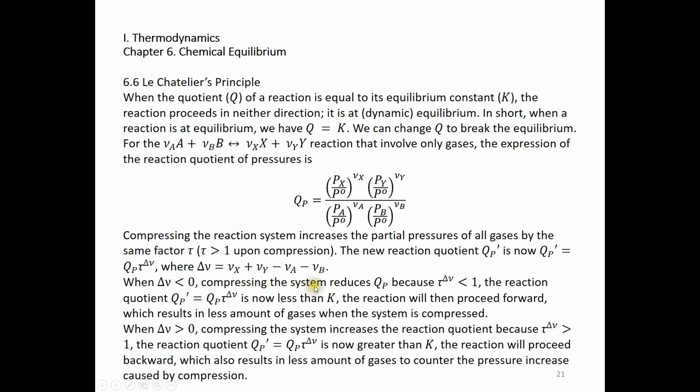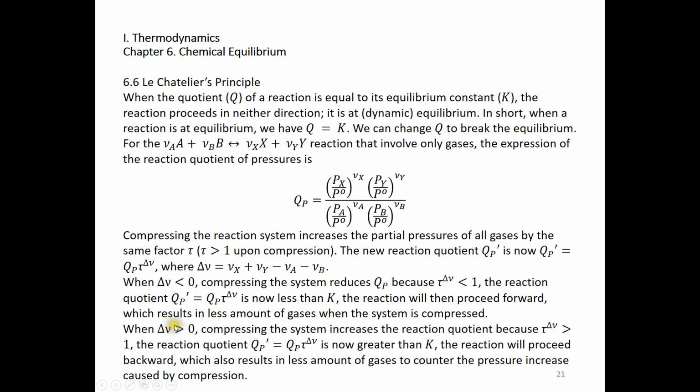Compressing the system will then reduce Q sub P. Because tau is greater than 1 for compression and delta nu is less than 0, this factor is less than 1. That means this new Q sub P is less than the original Q sub P, and now it is less than the equilibrium constant. That means the reaction should proceed forward, which results in a lesser amount of gases when the system is compressed.